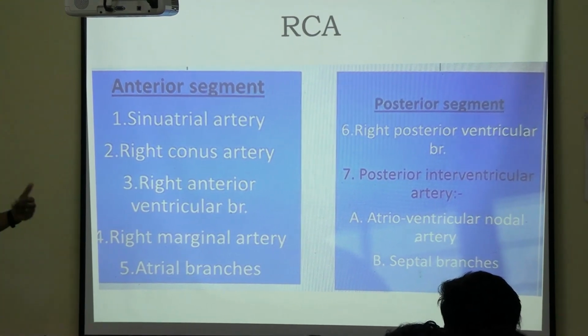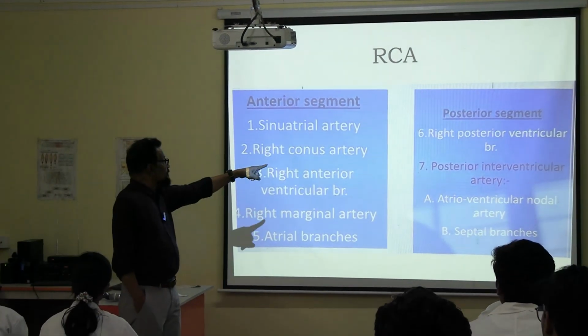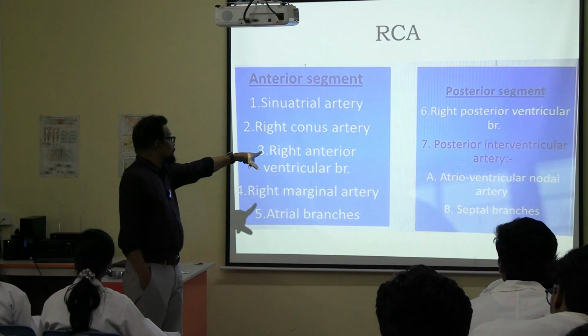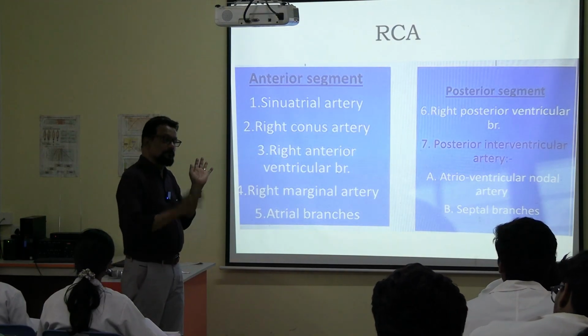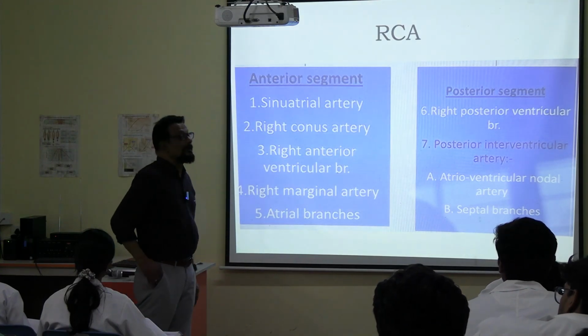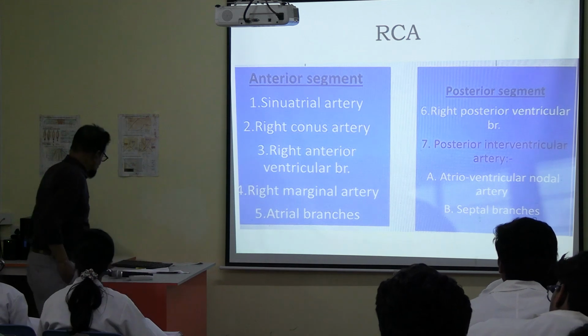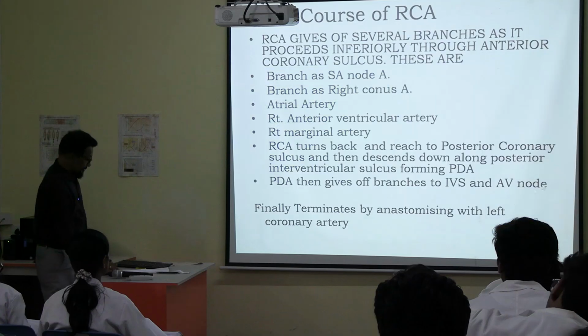The part that goes posteriorly produces two branches, one is the right posterior ventricular branch and the other the posterior interventricular branch. It will have branches, one going to the interventricular septum, another going to the AV node. So these are the branches and the area the RCA is supplying.